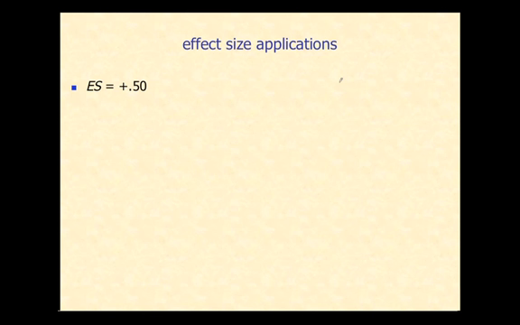effect size represents. In the last chapter we talked a little bit about effect size differences, which are pooled standard deviation differences between perhaps two groups or two measures. Take for example the case of an effect size of plus 0.50.